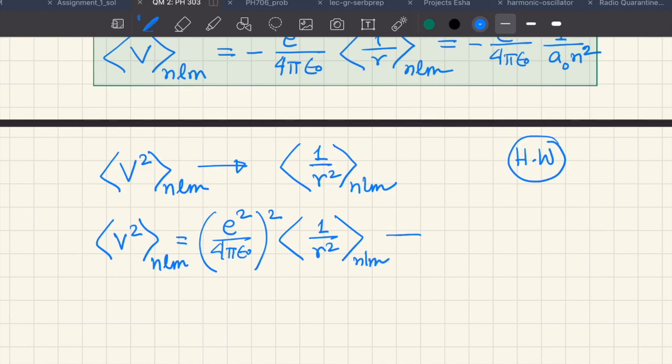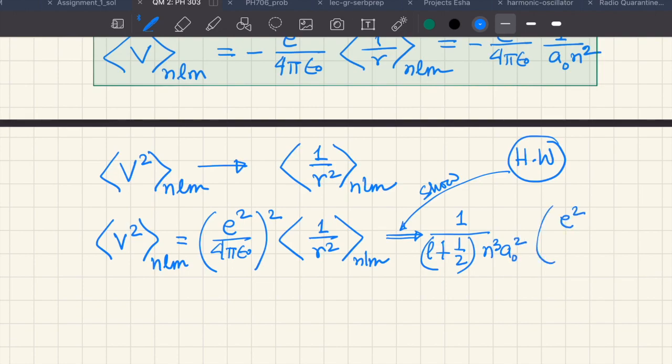If you calculate this, which is your homework, please show that this will give you 1 by (l plus half) into n cubed into a0 squared, times e squared by 4 pi epsilon naught whole squared.